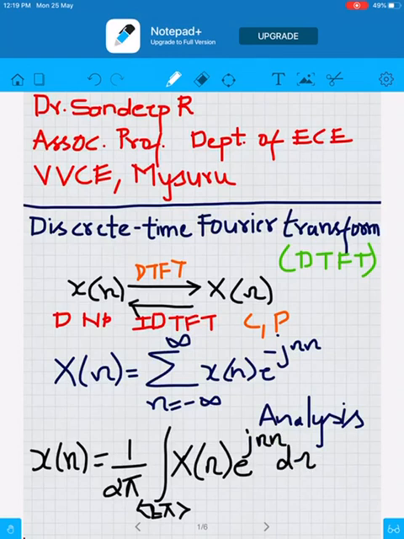So this is the synthesis equation, also called the reconstruction equation or the backward transformation equation.